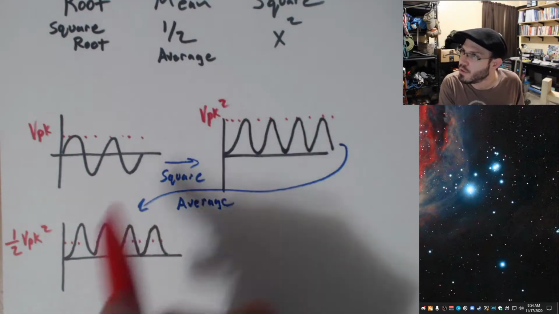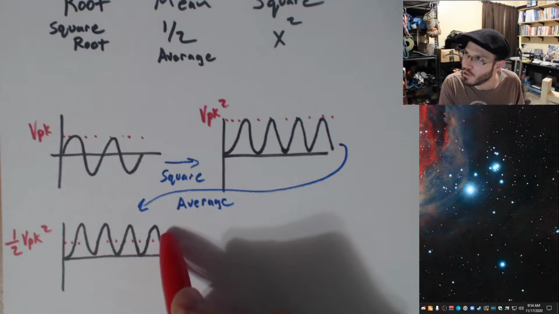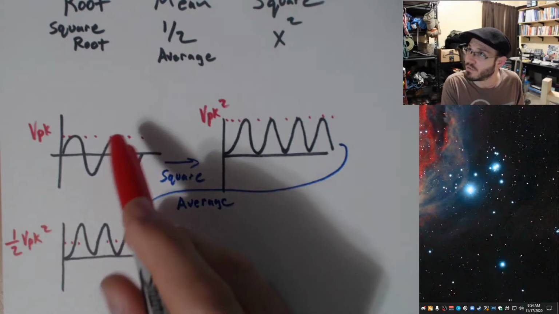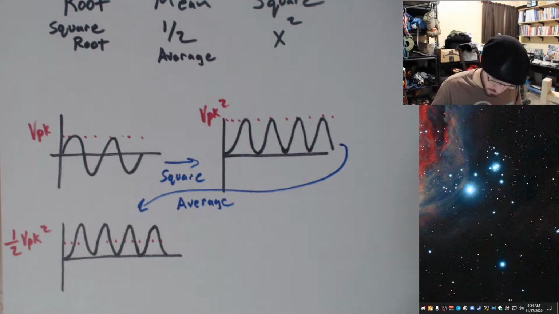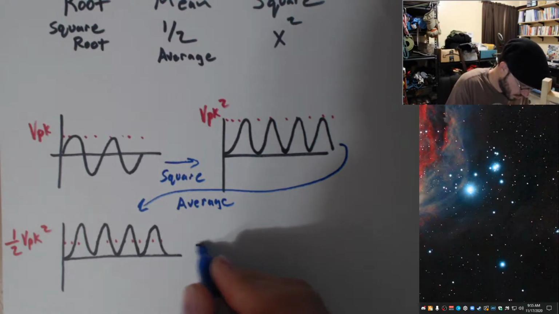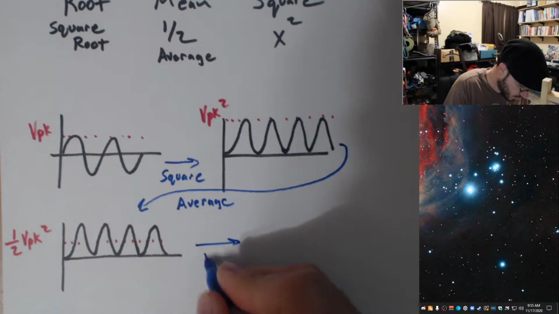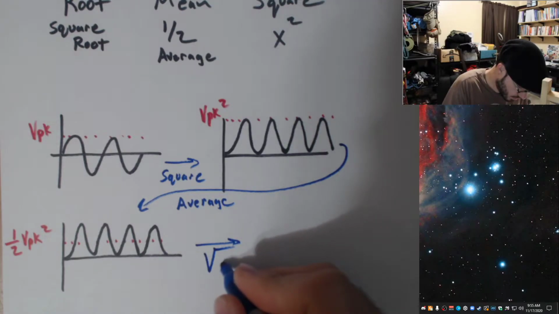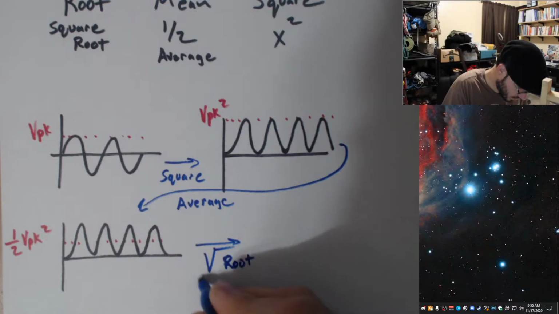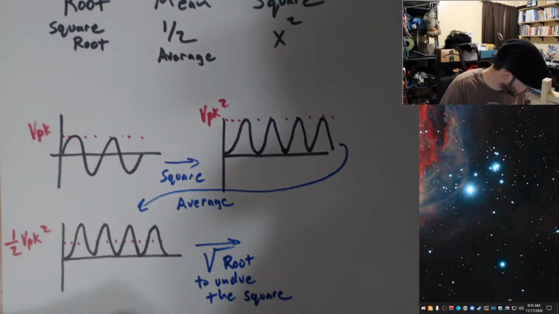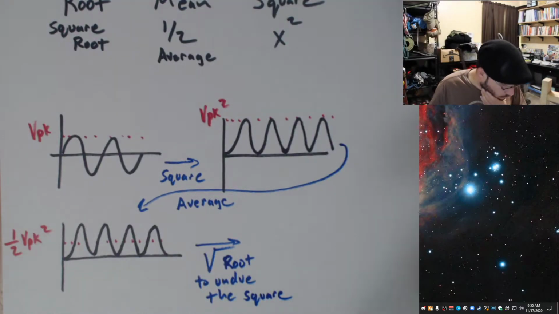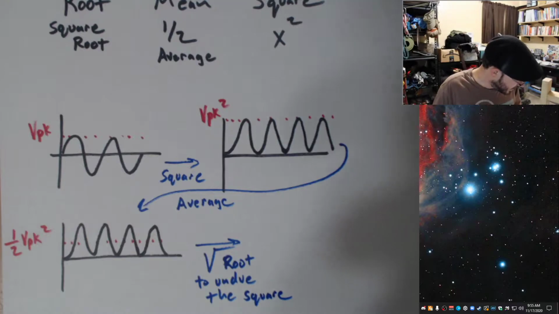So if we want to undo this square, now that we actually have a true value that is indicative of the average of this voltage, but it was the average of it squared, we can undo the square by just taking the square root. Well, what does that end up giving us?